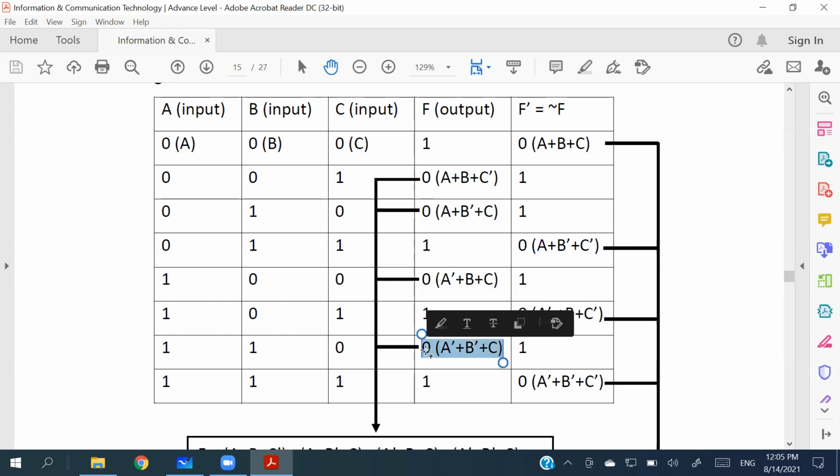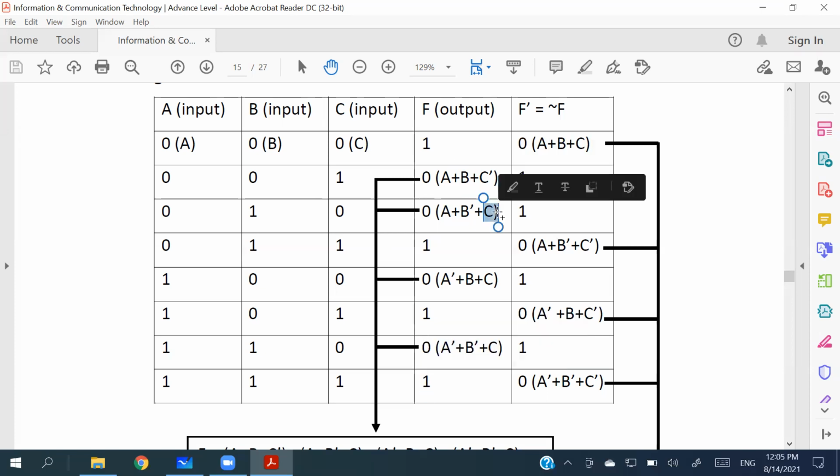We consider this 0. The 0 has 1, 1, and a 0. So 1 is indicated by A bar. This one indicates B bar. This 0 indicates a C. So A bar plus B bar plus C. So next one is a 1, so we disregard that.